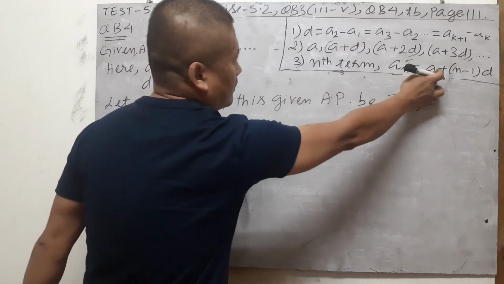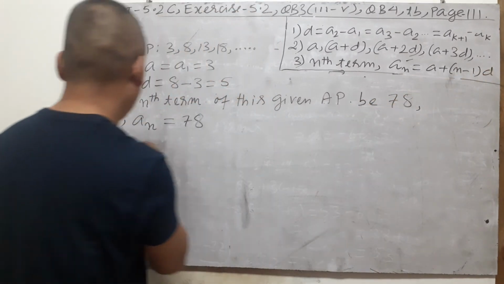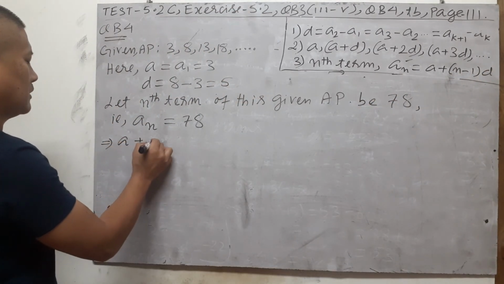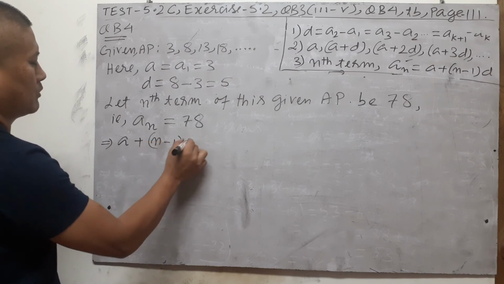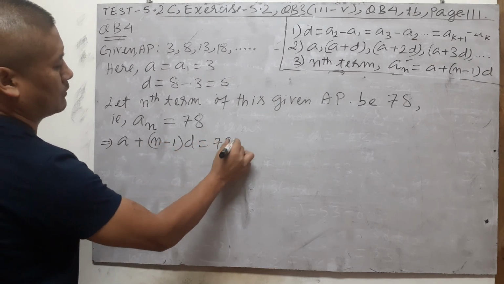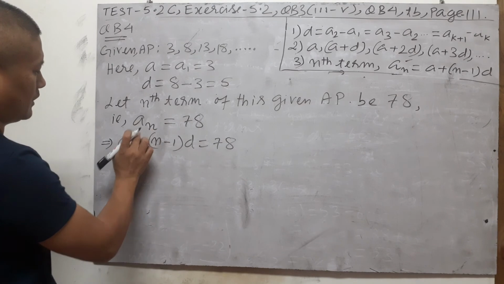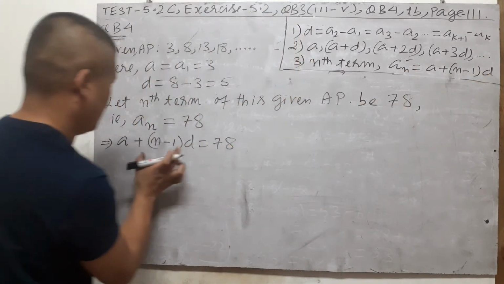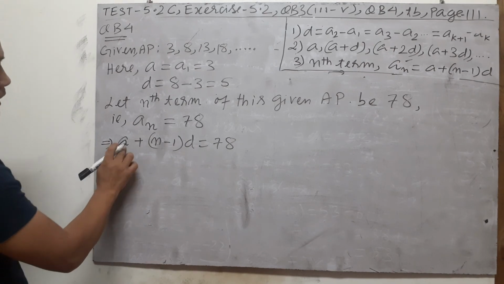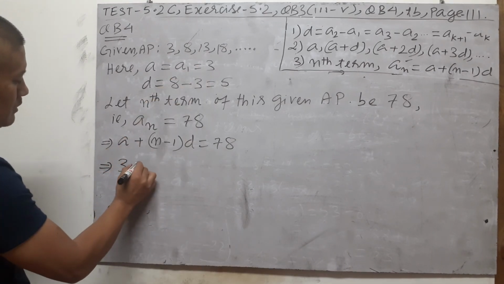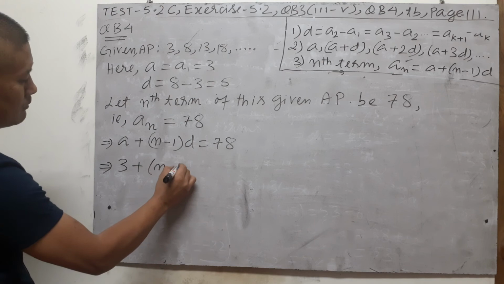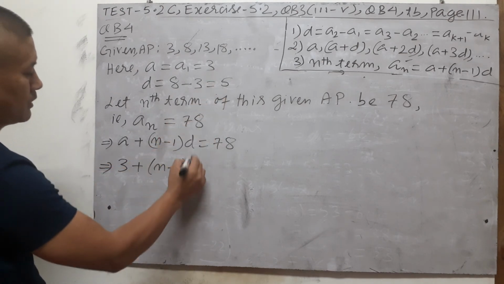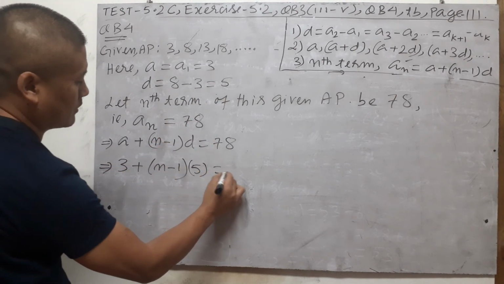AN equal to A plus N minus 1 into D. A plus N minus 1 into D equal to 78. This side is same. Then AN is replaced by this formula. We have A here, 3, plus N we don't know, so N minus 1, just keep it there. D is 5, equal to 78.